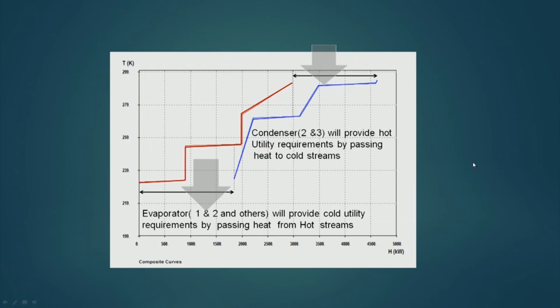Here also it is in kilowatt. Now, this is the composite curve of the problem. From this to this is the hot utility requirement, and this hot utility will be passed to the cold streams. In the problem we will see that we are using condensers 2 and 3 to pass the hot utility.